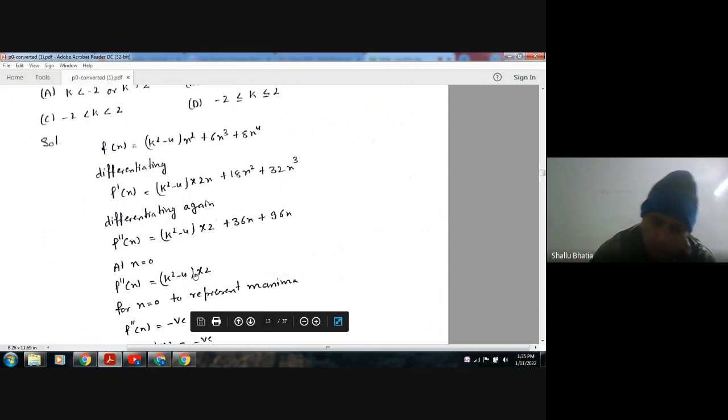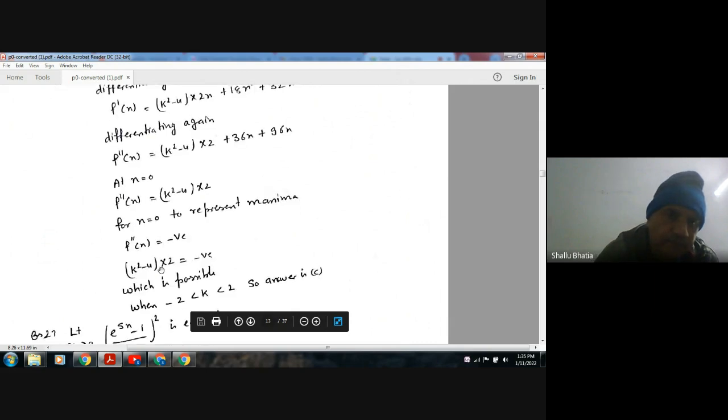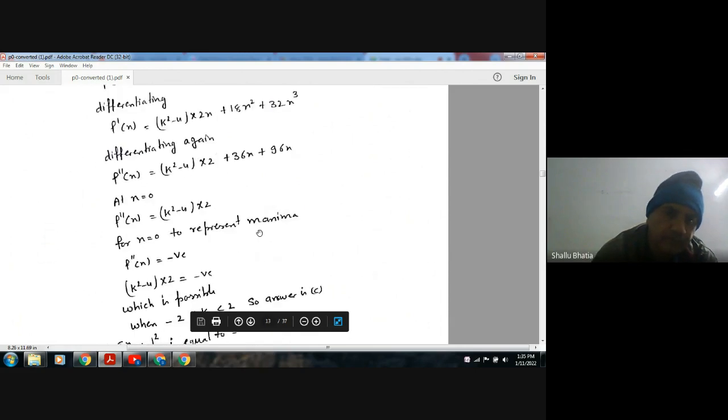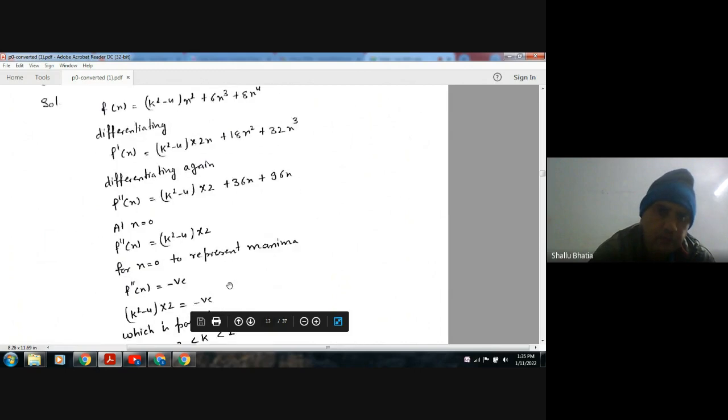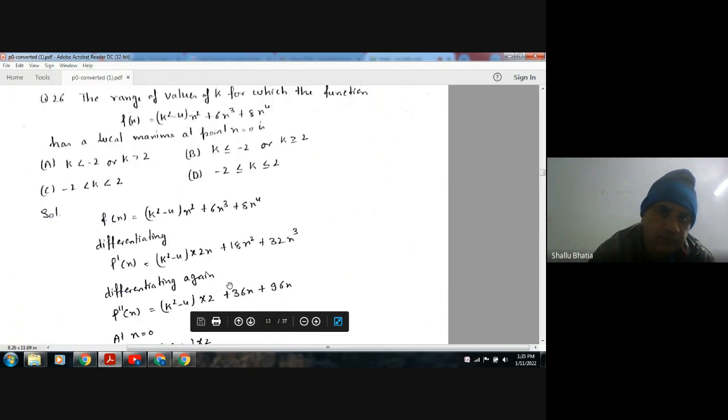So it means f''(x) should be negative, or (k² − 4) times 2 should be negative, which is possible when k² is less than 4. It will be possible when k is greater than −2 and less than 2. So the answer is C.